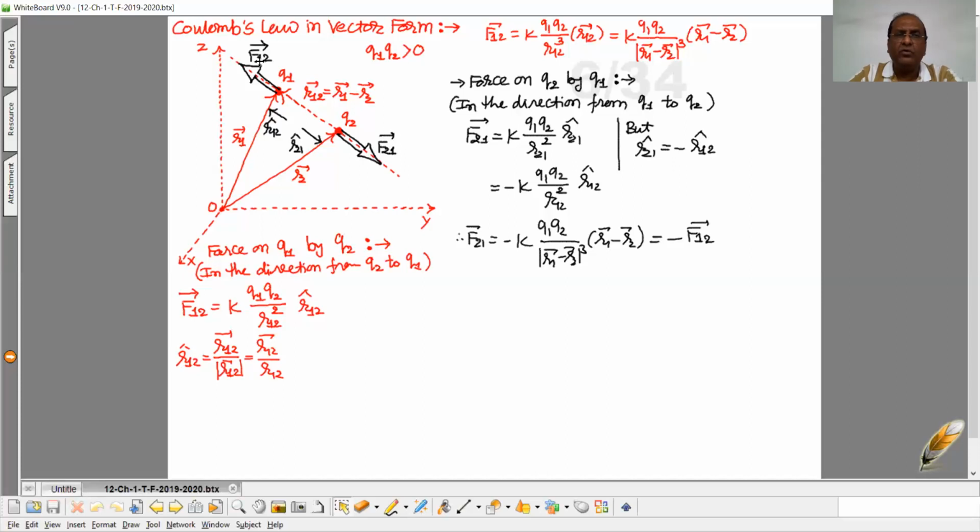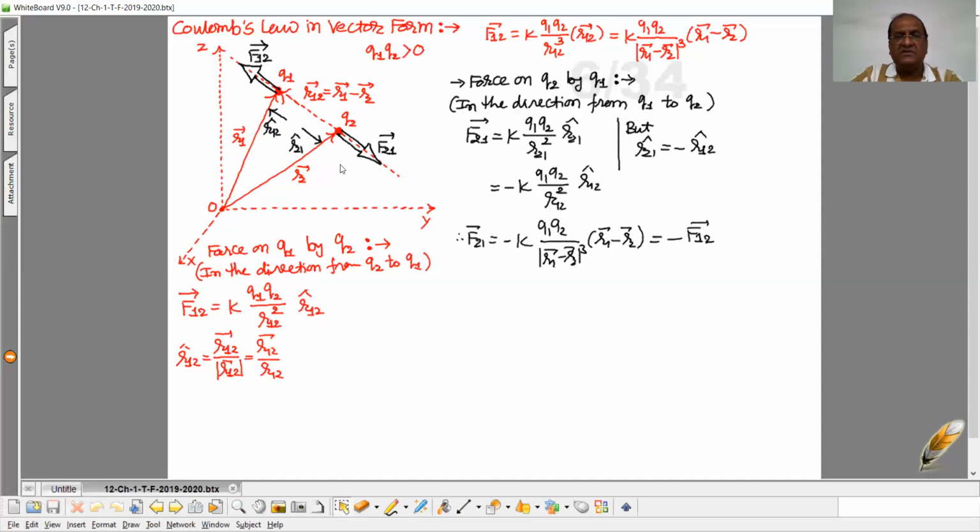Force on 1 by 2: 2 repels 1, so it will be in the direction shown in this figure. And force on 2 by 1 is also repulsive, 1 repels 2, so it will be in this particular direction as shown in the figure.